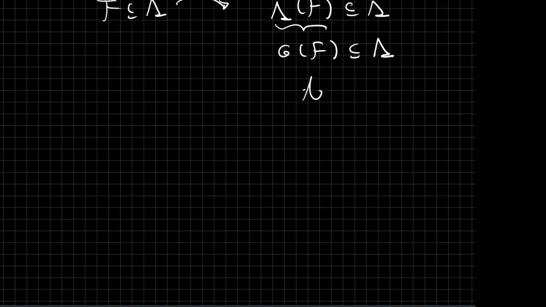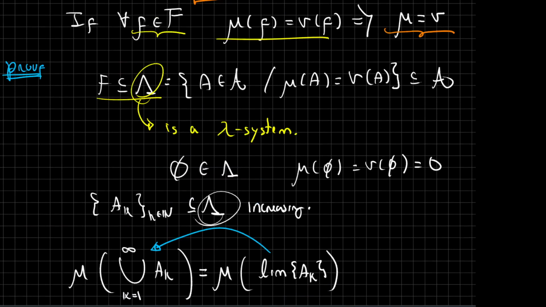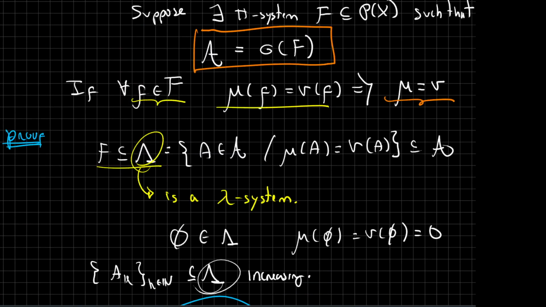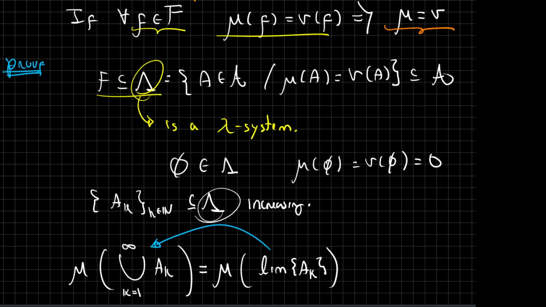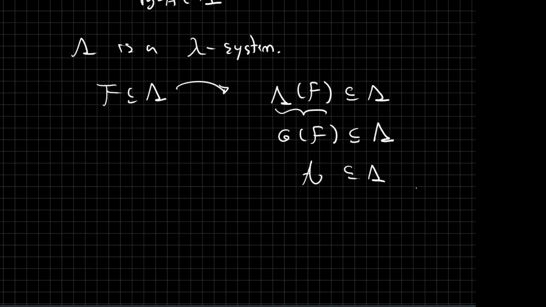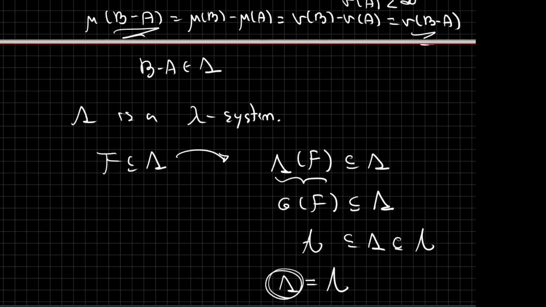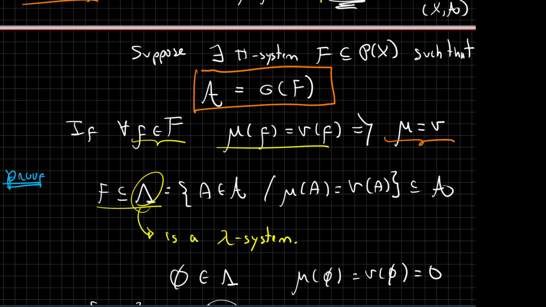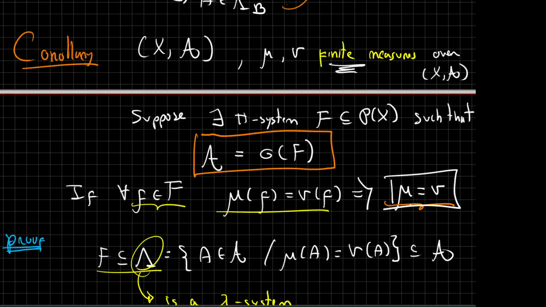So we have that this is a subset, but by definition this lambda system was a subset also of the sigma algebra. So this concludes the equality, and since this set is equal to the whole sigma algebra, then the measures are equal.